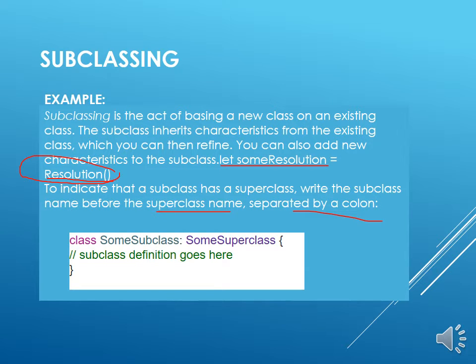So we have class SomeSubclass: SomeSuperclass. We name our subclass here and write the superclass from which it is inherited. Then come the curly braces, and the code written inside is the subclass definition, where we write the different properties or methods of the subclass.